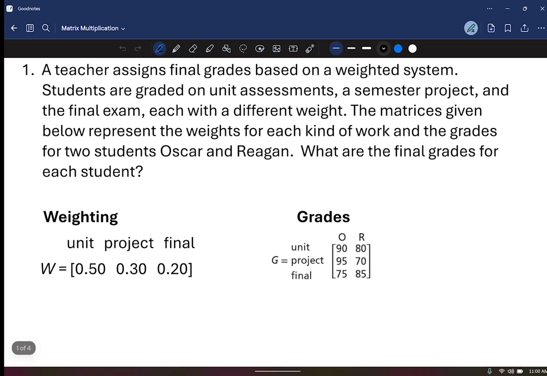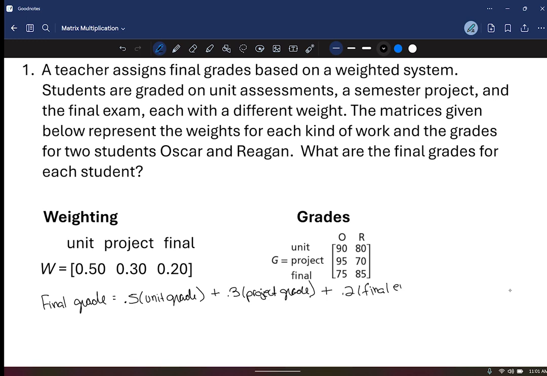So the way that your final grade would work is that you would take 0.5 times your unit grade, add that to 0.3 times your project grade, and then add that to 0.2 times your final exam grade.